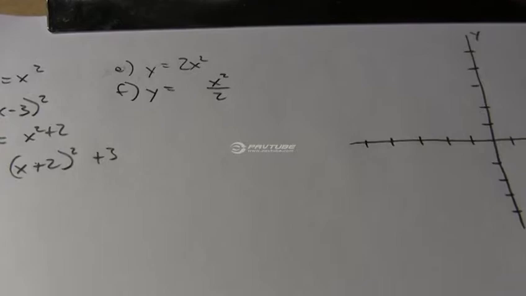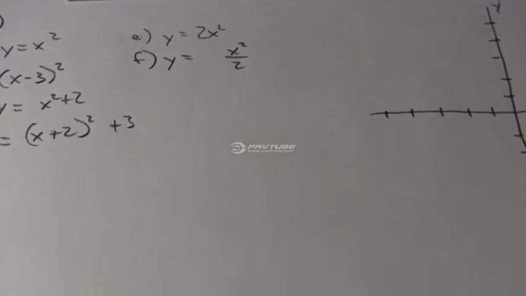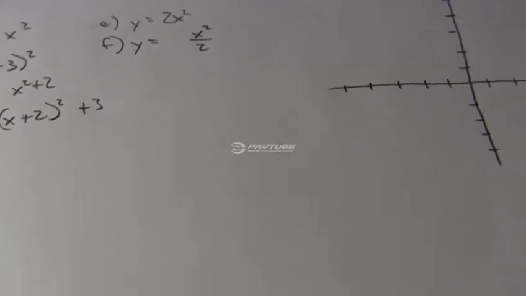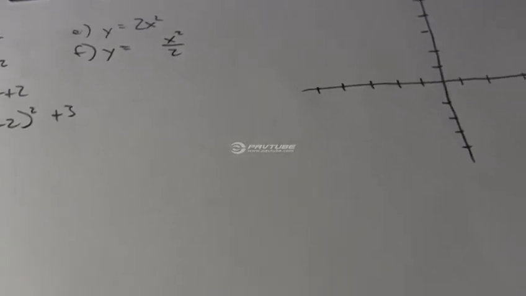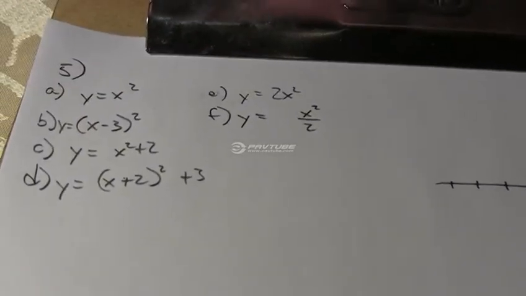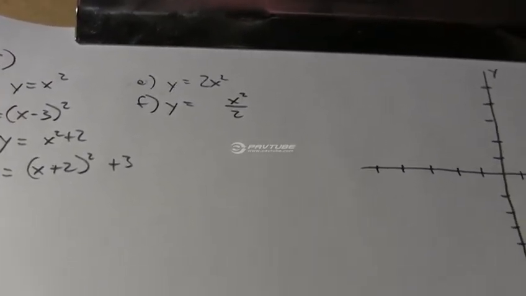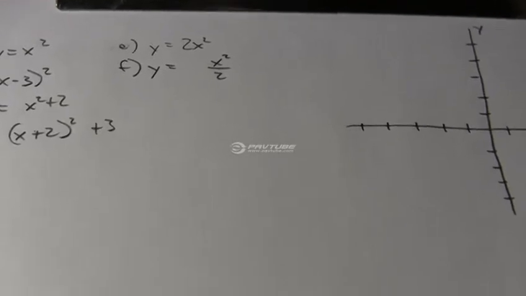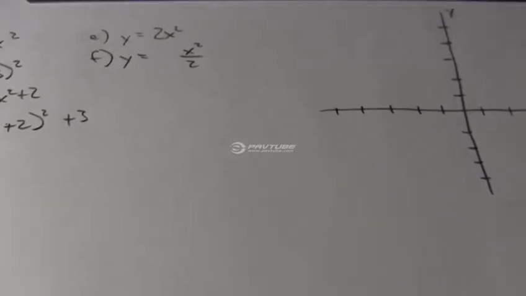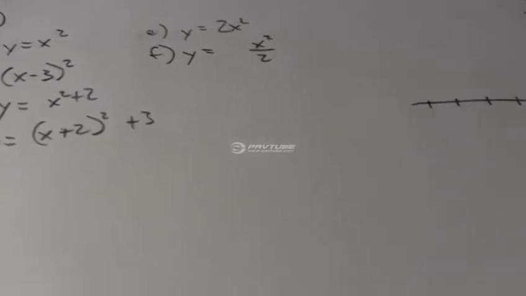And you guys haven't seen cubics, but cubics have their own shape. x cubed, they kind of look like S's. And then x to the 4th, they kind of look like W's. But we're talking about parabolas. We're talking about x squared. Okay, so we can kind of guess what they look like. And they have certain properties that make them easy to work with. And you'll see them as we start to work them out.